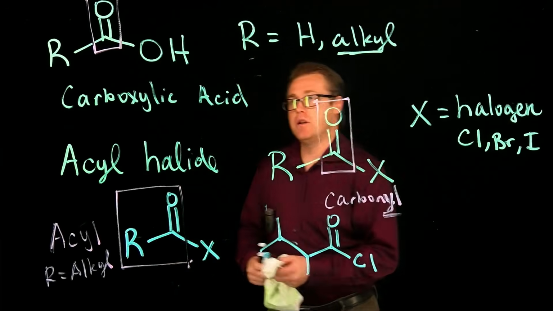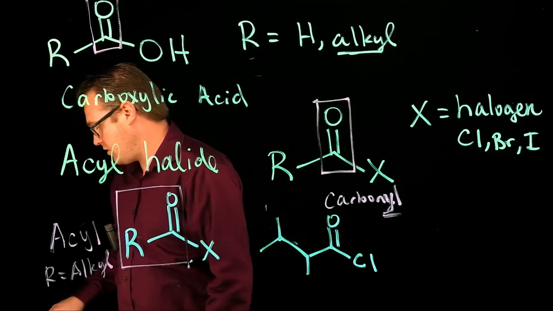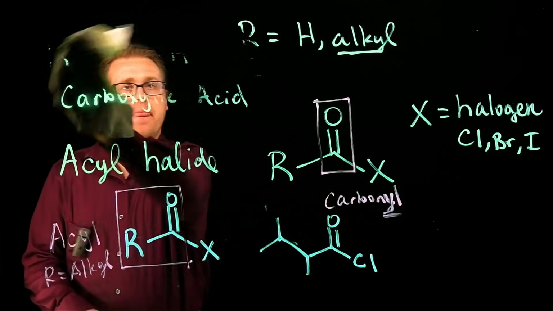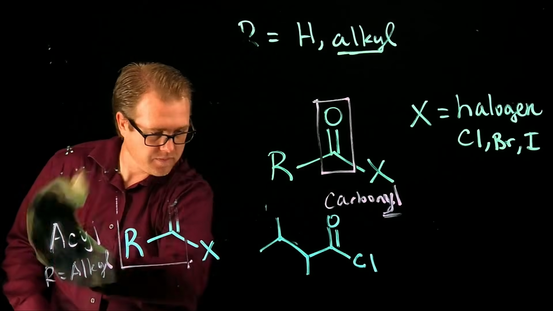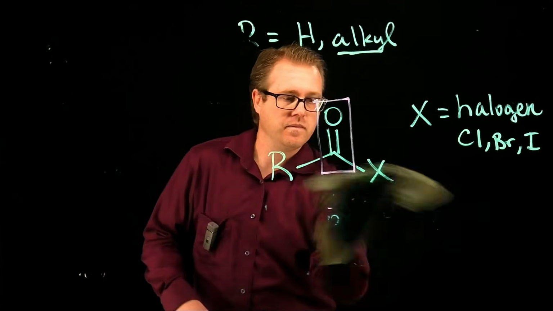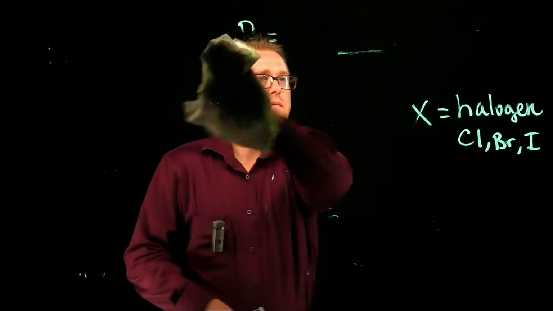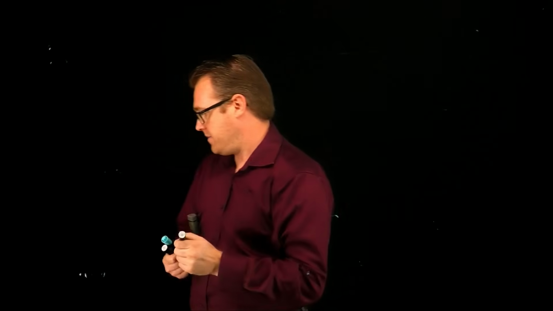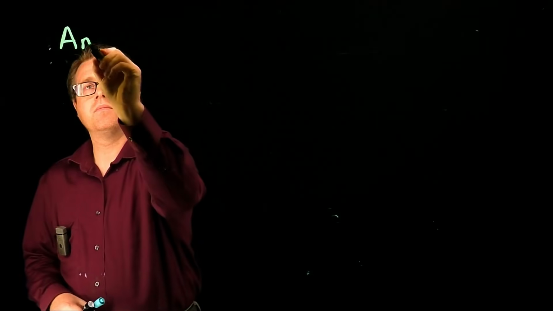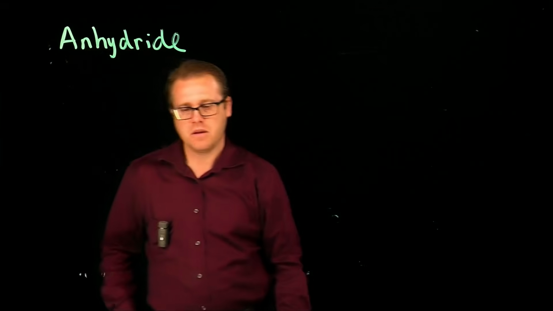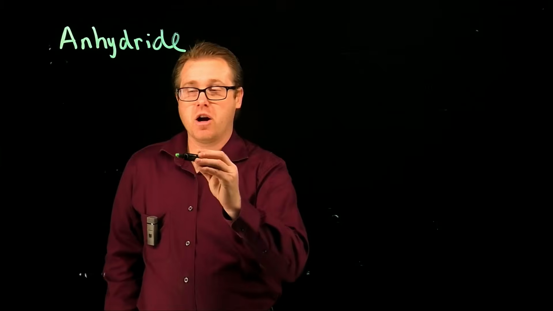So let's take a look at another functional group called anhydrides. An anhydride is a compound with a carbonyl.